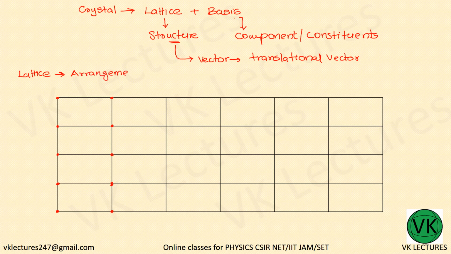How you are arranging this is with some periodicity, so you can say it is a periodic arrangement. Now, what is it formed by? It is formed by the translational vector.